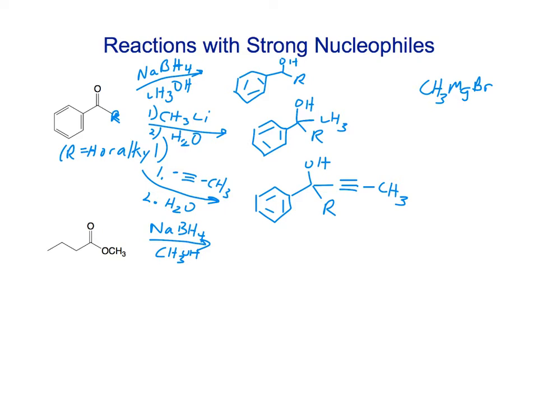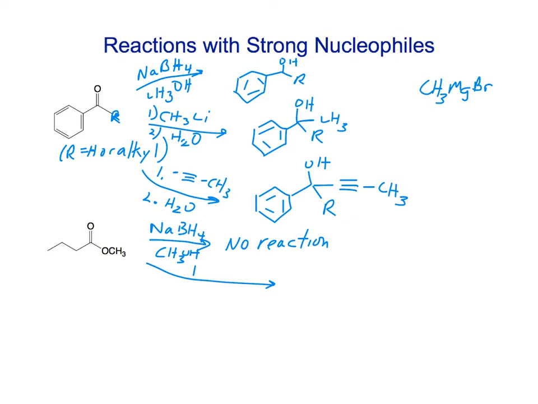Primary alcohol? Oh, we get no reaction. Sodium borohydride is not a strong enough hydride reducing agent to react with an ester. So what do we have to use instead?